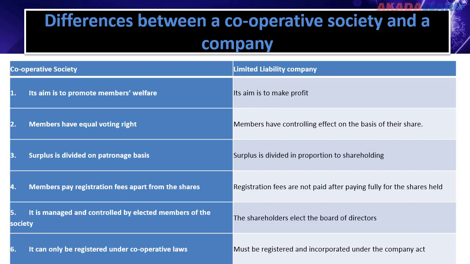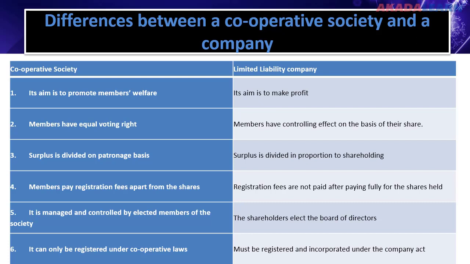4. In a cooperative society, members pay registration fees apart from the shares, while in a limited liability company, registration fees are not paid after paying fully for the shares held. 5. A cooperative society is managed and controlled by elected members of the society, while in a limited liability company, the shareholders elect the board of directors to manage and control its activities.